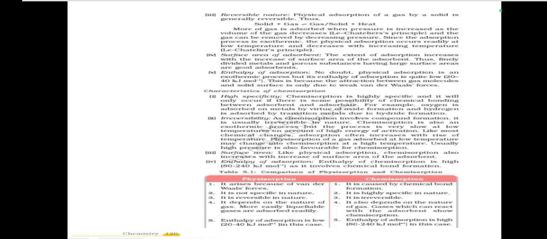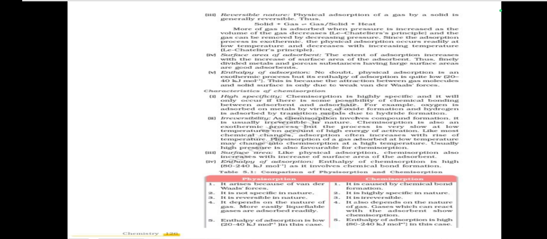Chemisorption is also an exothermic process, but the process is very slow at low temperature on account of high energy of activation. Like most chemical changes, it increases with temperature, so physisorption of a gas adsorbed at low temperature may change into chemisorption at a high temperature.